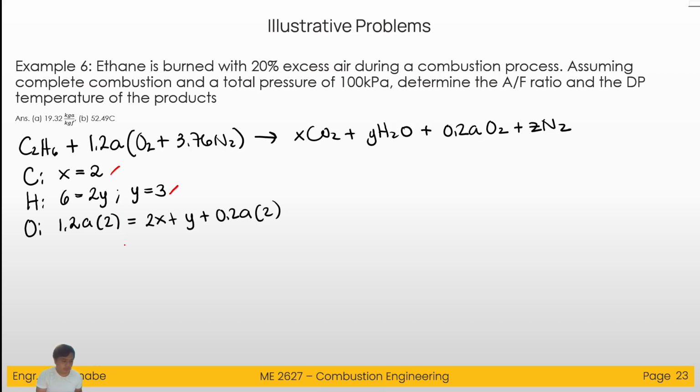So you can transpose this to the left hand side, and you can divide this by 2 if you want. So this will be just 1.2A minus 0.2A, so this will become just 1A, or A is equal to X plus Y over 2.